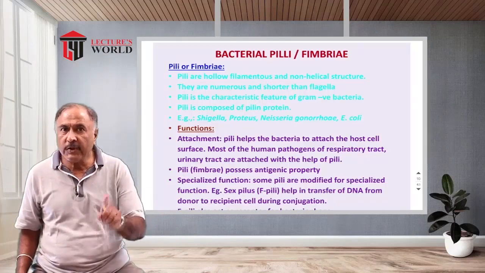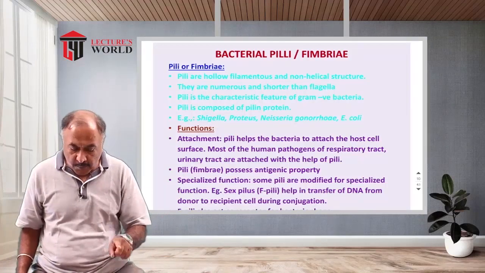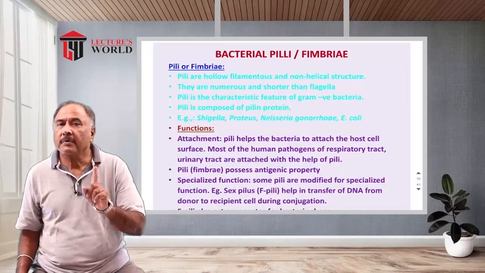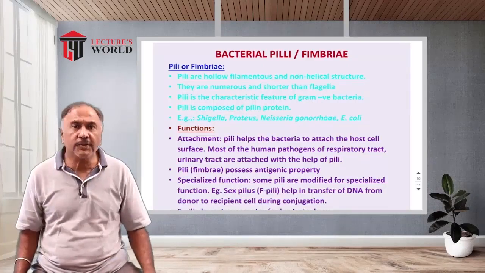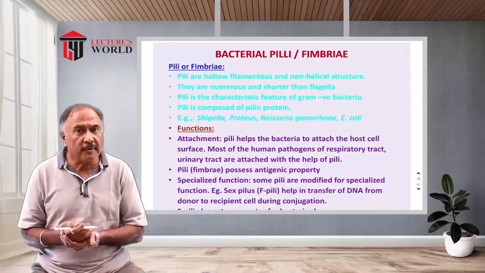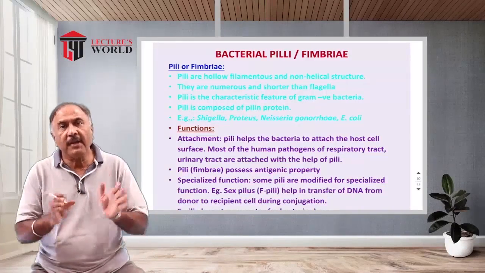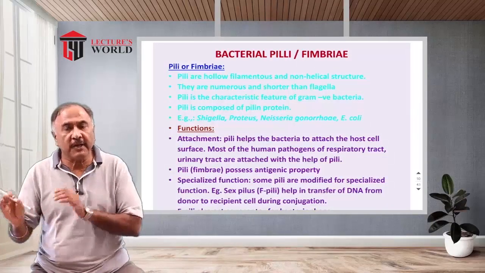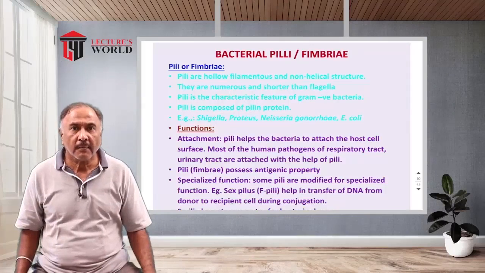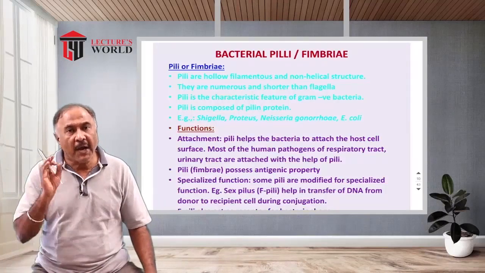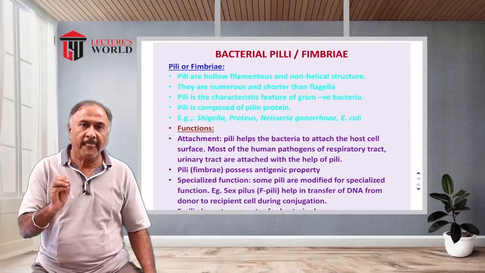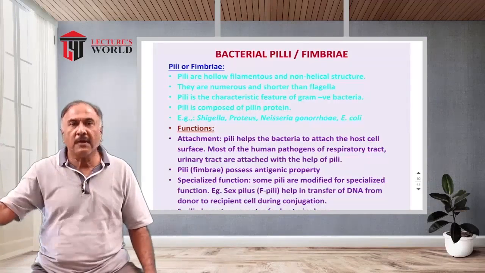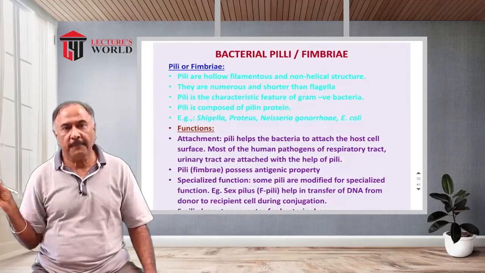Functions, as I have told you, are attachment, and another important function is conjugation. What is conjugation? It is a kind of sexual reproduction because it helps in attachment with another bacterium. It can pass its genetic material to the recipient bacteria.